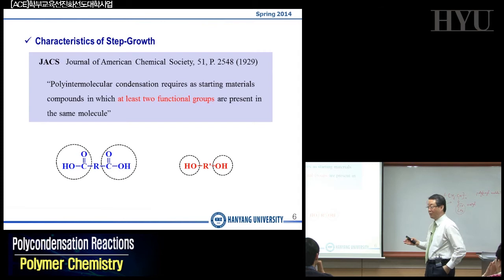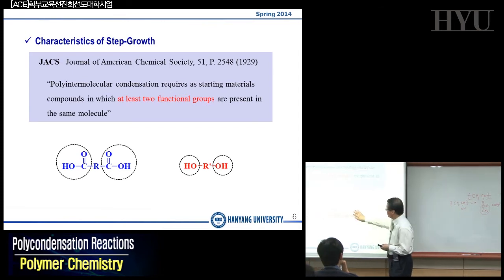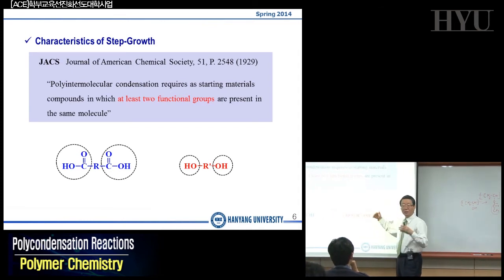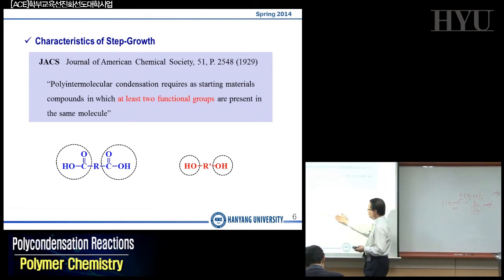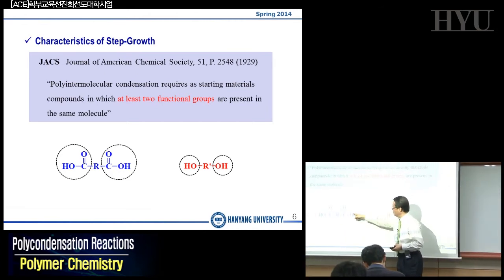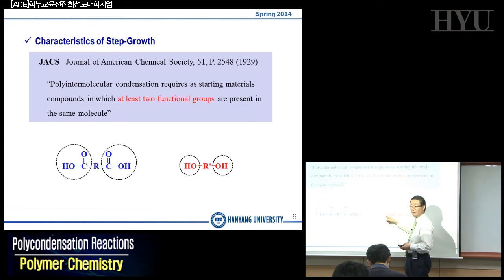If you have only 1 functional group instead of 2, it just terminates your reactions because there is no further extension. So if these 2 react, you form an ester, but at the end of your chain you still have an active functional group. At one end will be a hydroxyl group, and the other end will be the carboxylic acid group.